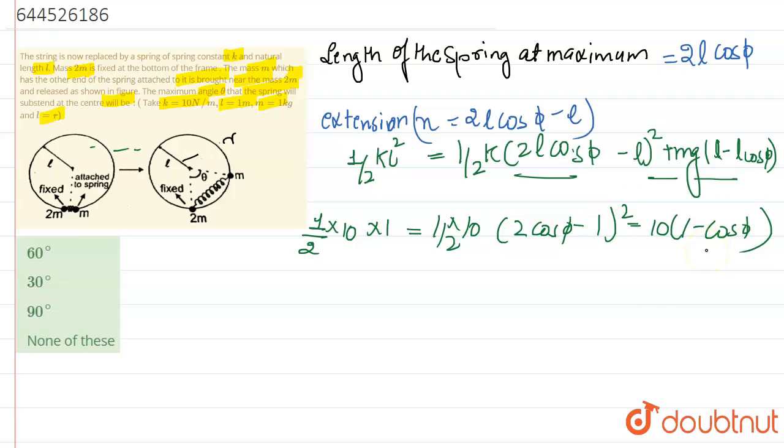Now we know that sine theta, or cos theta, or anything, you can call it theta. Okay, so what is theta here? In our case, theta is this angle, and this angle is phi.